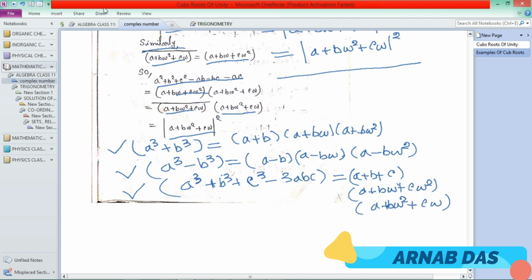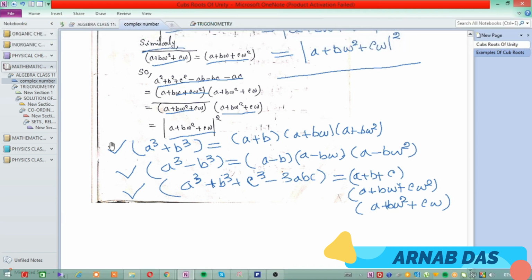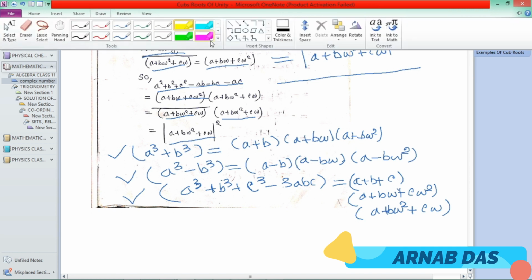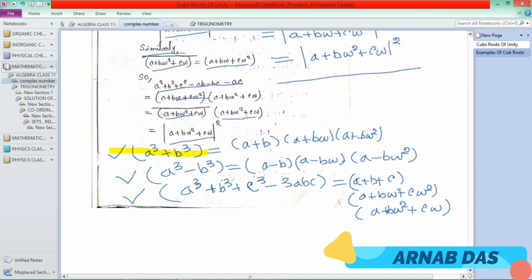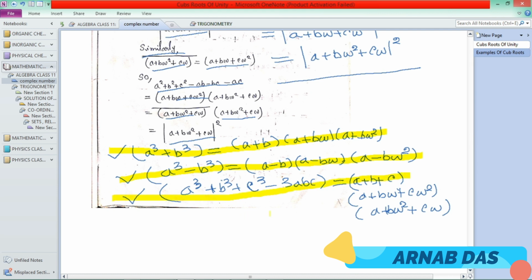These three results are very important, and you should note them. Highlight these three results, guys. These three results are very important.